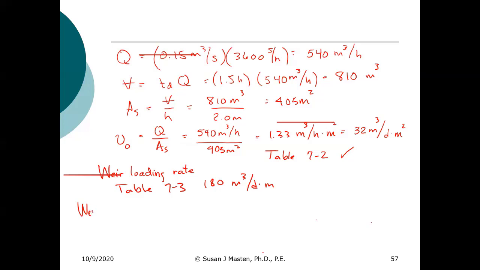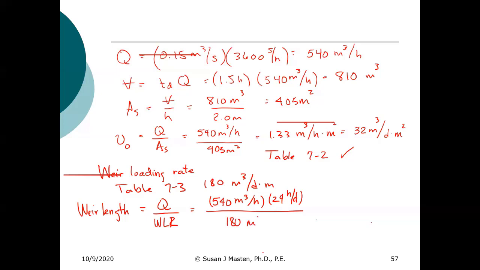So my weir length is equal to Q over my weir loading rate, which is 540 cubic meters per hour times 24 hours per day. Divide that by 180 cubic meters per day per meter, and that equals 72 meters. So that means I need to have a weir that's 72 meters long.